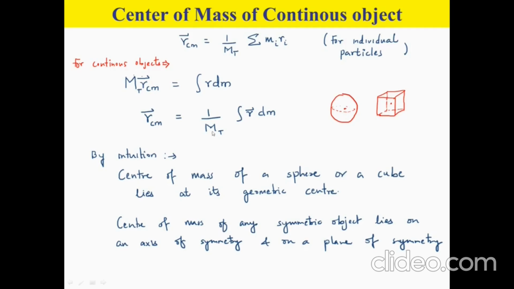By intuition we can see that for objects such as a sphere and a cube, the center of mass will lie somewhere in the center of the regularly shaped objects. But for irregularly shaped objects, we need to do the calculations very diligently.